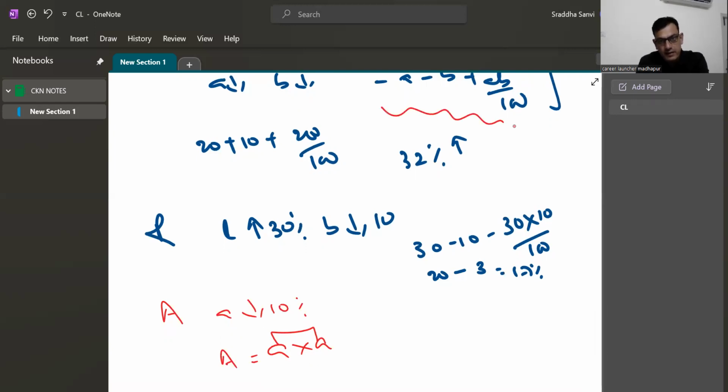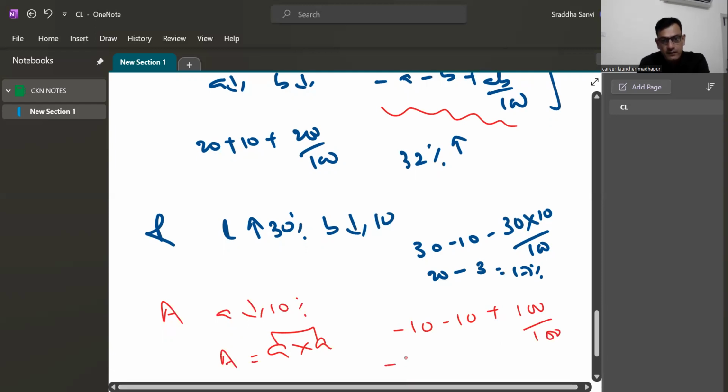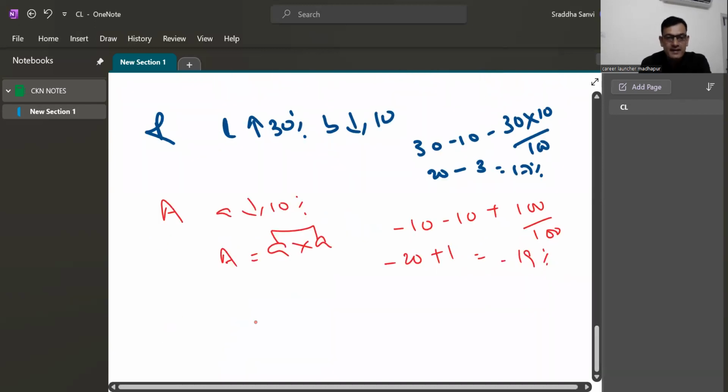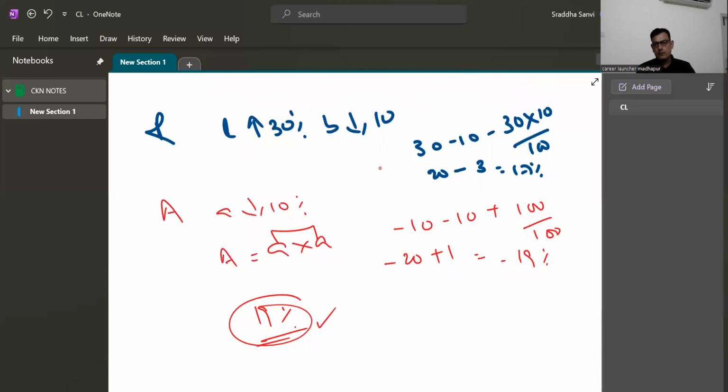If they both are decreasing, I will say minus 10 minus 10 plus 10 into 10, 100 by 100. My answer will be minus 20 plus 1, minus 19%. When I say minus 19%, it's a degrowth. It's a 19% degrowth is the answer. This is the best way of solving these questions. Got it?